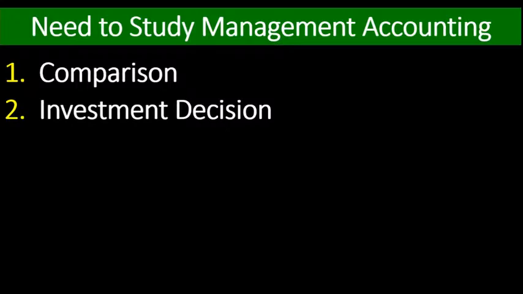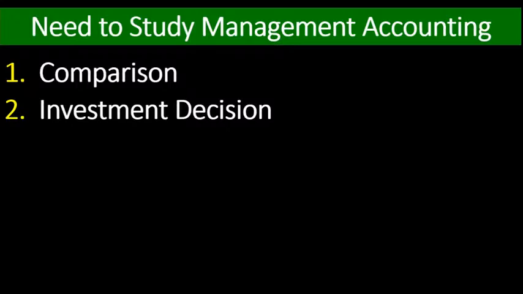Take another example. When you want to invest money in a particular asset, A asset, B asset or C asset, and these three assets have the same features, the problem is which asset is to be purchased.